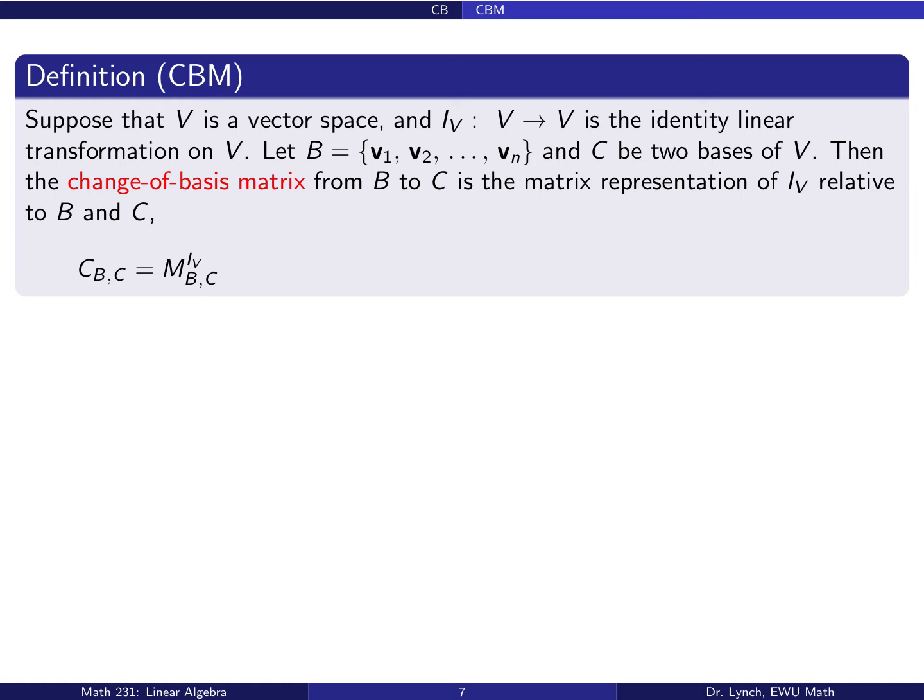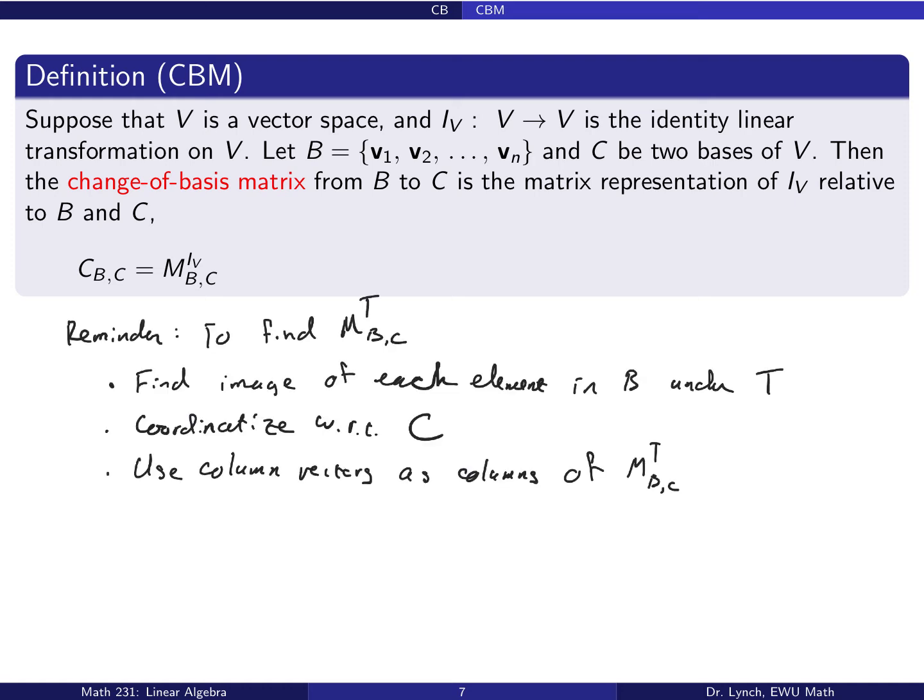The change of basis matrix on the vector space V relative to bases B and C is the matrix of the identity transformation with respect to those bases B and C. So I'll remind you that to find the matrix of the transformation T with respect to the bases B and C, we find the image of each element in B under the transformation T. We coordinatize with respect to C, and then we use the column vectors in that coordinatization process as the columns of this matrix. So the only difference here is that we're using the identity transformation instead.